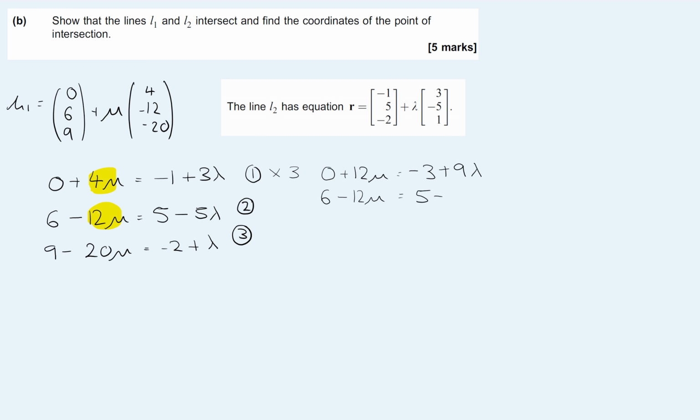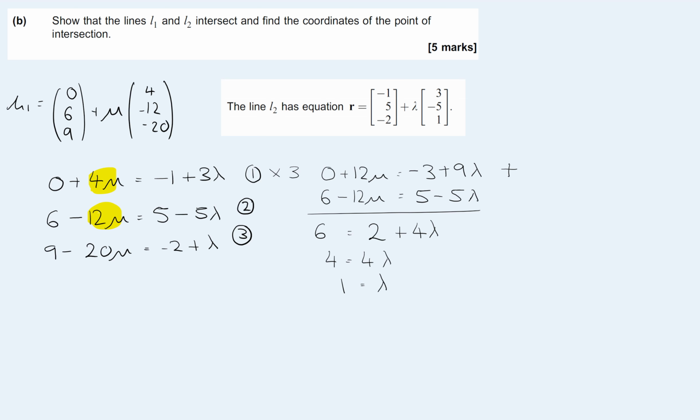Don't have to do anything to the second one, that's why it's a good idea to do that instead of eliminating the lambdas. So I've got a plus 12 and a minus 12, so I'm going to add these 2 equations together. So I've got 6 equals 2 minus 3 plus 5 and plus 4 lambda. Okay, so take away the 2, I'll get 4 equals 4 lambda, so lambda equals 1.